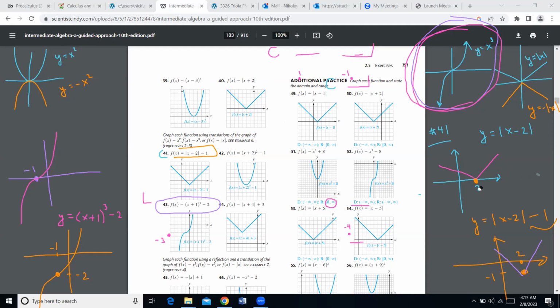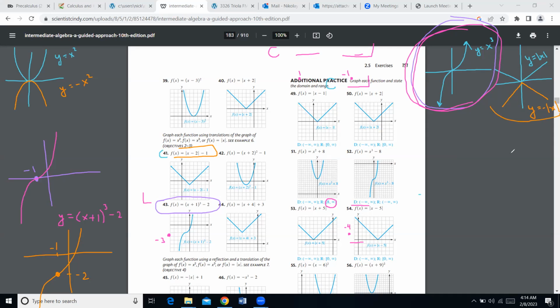So let me do exercise number 45 then. The problem that says put a negative in front of the absolute value. So graph this negative and then add 1 to the result.